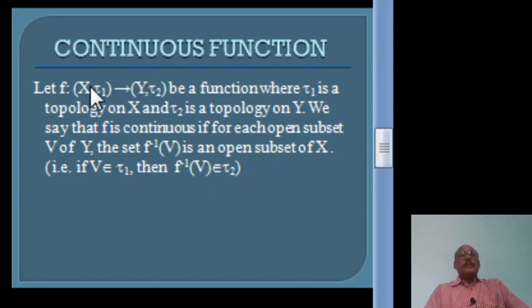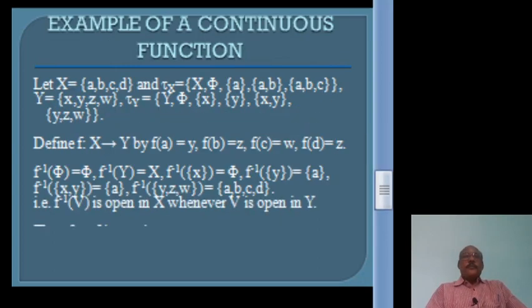If the inverse image of that open set is also open in X, then we say that F is continuous. That is, a function is continuous if the inverse image of an open set is open.